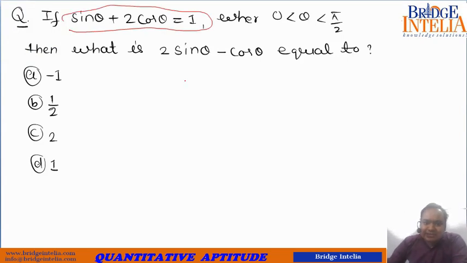So let's assume theta to be equal to 90 degrees. So sin 90. What is the value of sin 90 degrees? It is actually equal to 1.